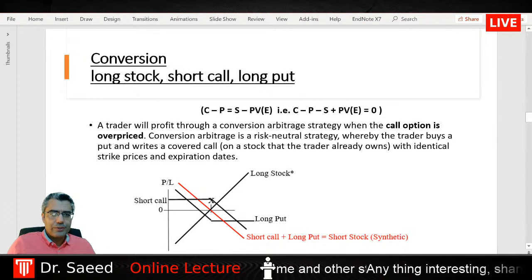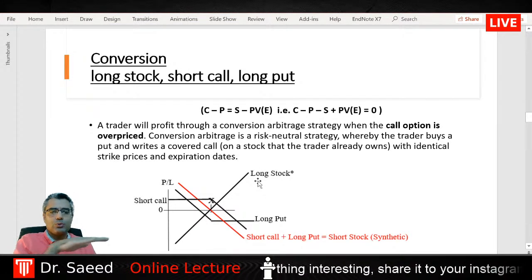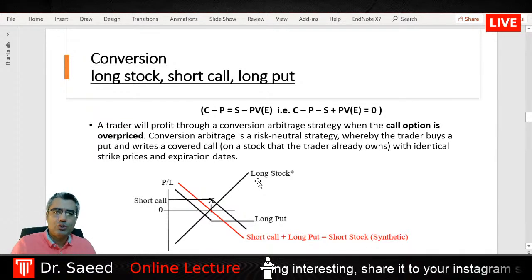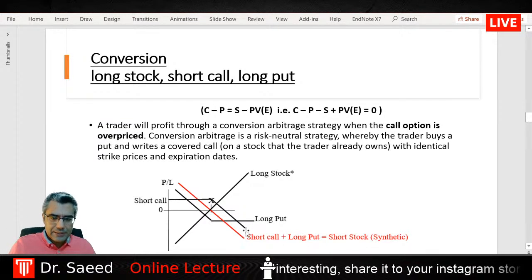So for conversion, here you can see if call is overpriced, so you short call, then you need to long put and long stock. Why? Because you want to get the flat curve. Why will these three give you a flat curve? Look at this.